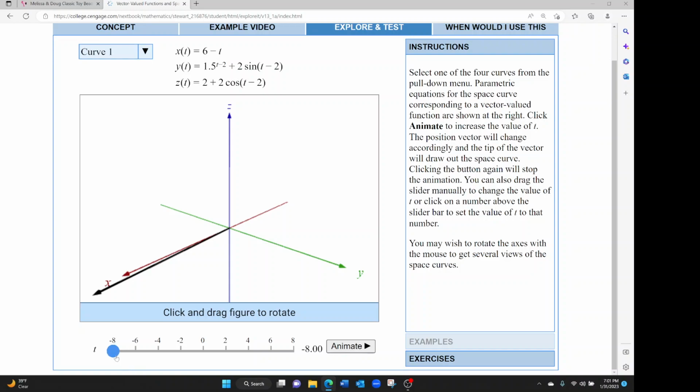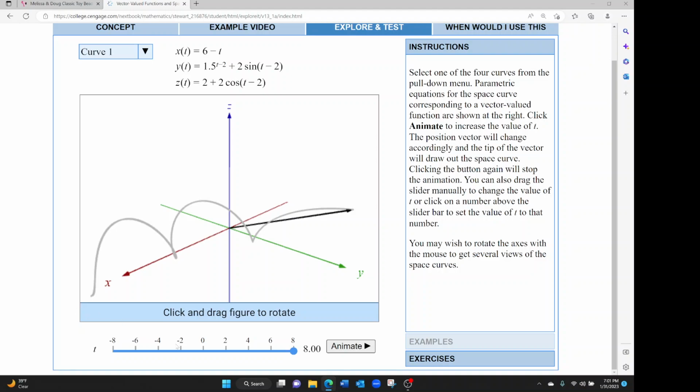Right now, it's drawing t as 8. Here's t as 6, and it's drawn all in between -6 and 8. I'll let it animate, and you can see the value for t going along here. And so it draws out a space curve. For every value of t from -8 to 8, in this case, that's what the domain is here, it gives a different value. And the vector there is in black.